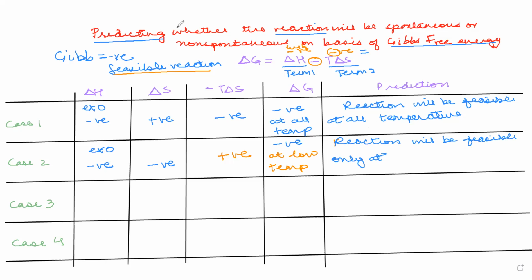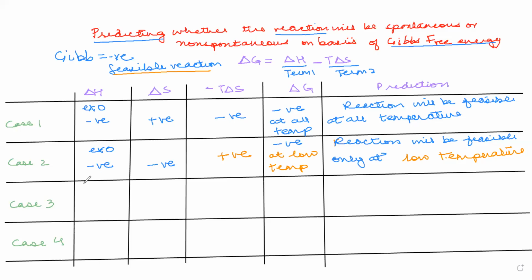At the higher temperature, your term 2, this term 2 will be positive, which is going to make delta G positive, which is going to make the reaction non-feasible, right? So the second combination is clear. Now moving to the next particular part of it, right?